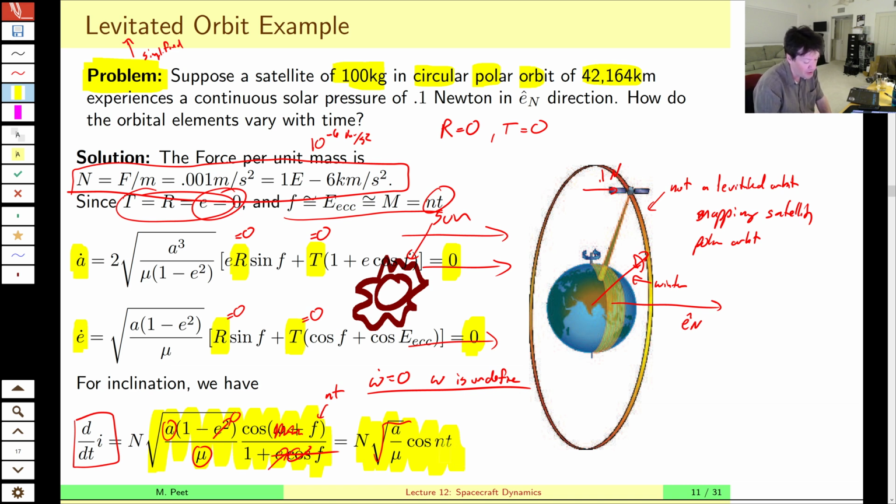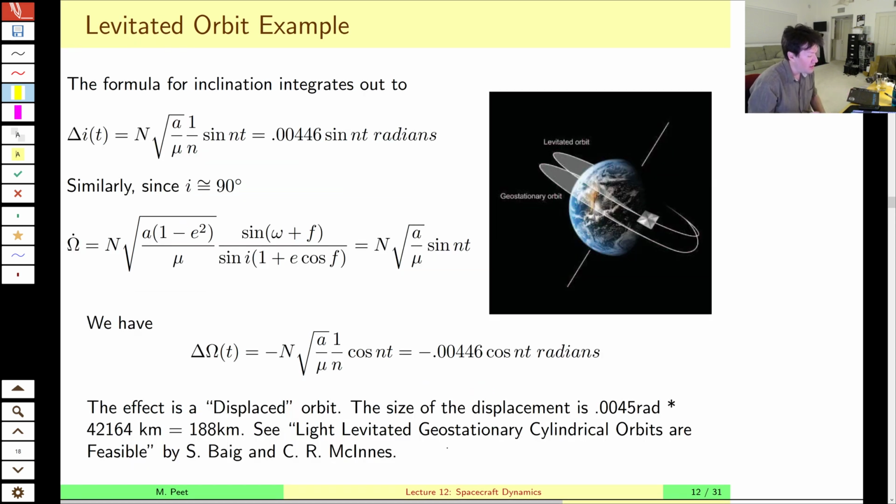You can see it's periodic. It cycles between 0 and 1, back to 0, and negative 1, and 0 over the period of an orbit. We can integrate that out to find the net change in inclination. This is typically what we do when we're looking at these secular perturbations.